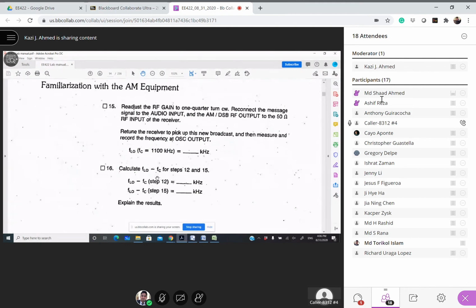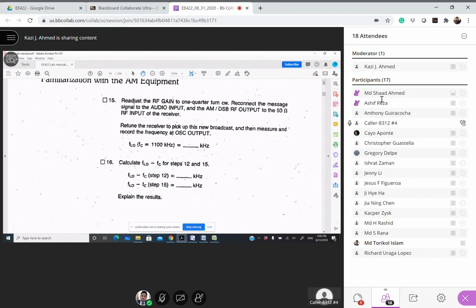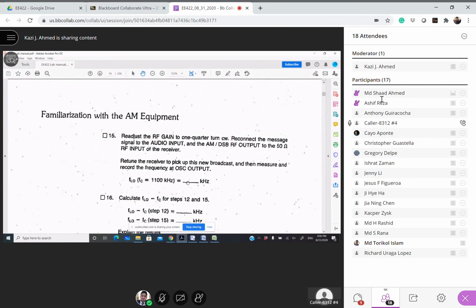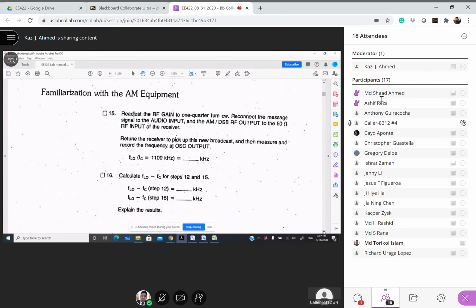And here calculate this minus this, for step 12 and 15. Because we are just going through the theory, in theory we can put the exact value. Let's say our local oscillator has to be 1100 kilohertz plus 455 kilohertz, so it's going to be 1555 kilohertz. But in reality, it might be a little bit off, right?